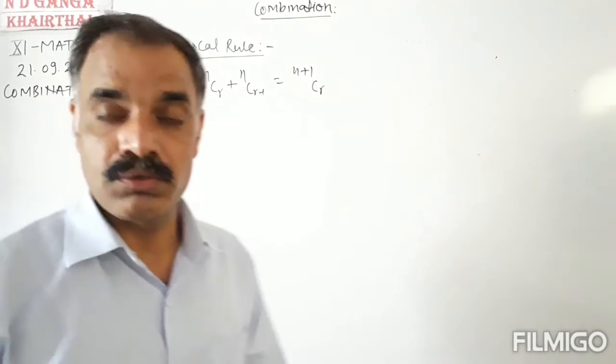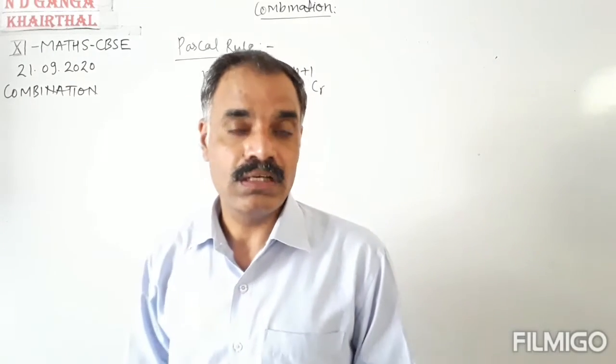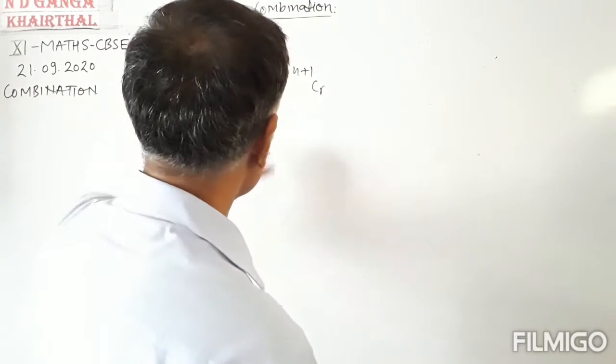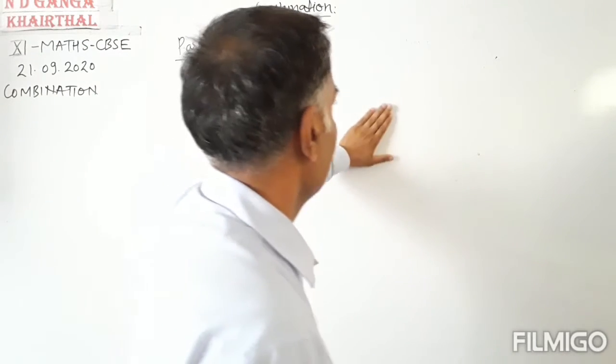This is the Pascal rule: NCR plus NCR minus 1 equals n plus 1 CR.